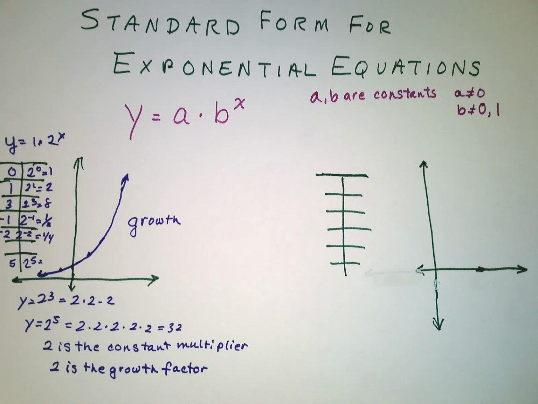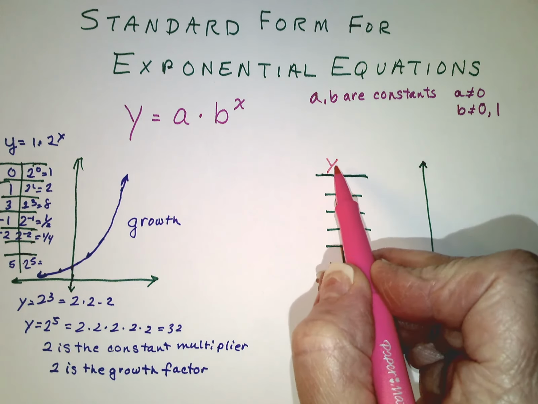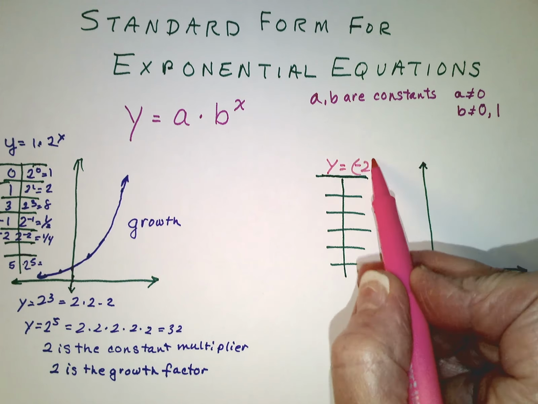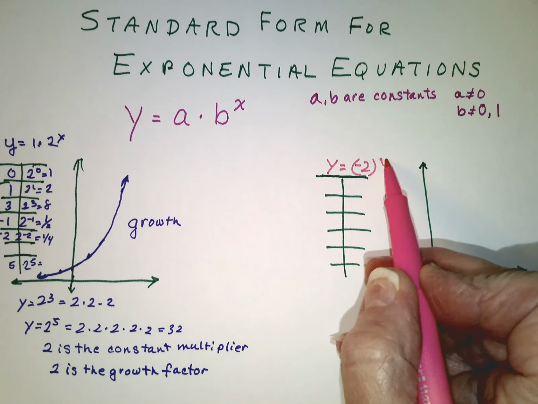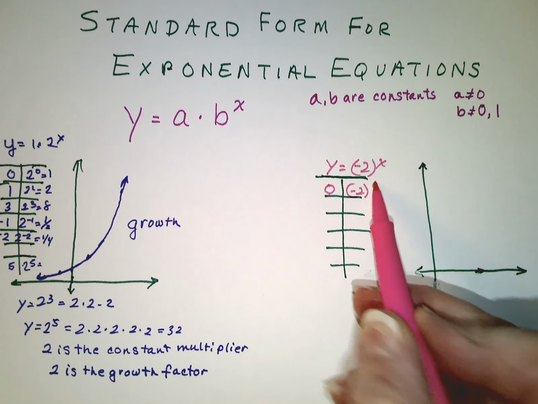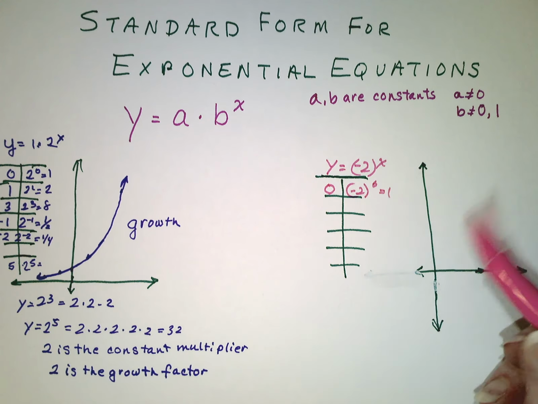If we had y equals -2 to the x. So if we let x be 0, -2 to the 0 is 1.